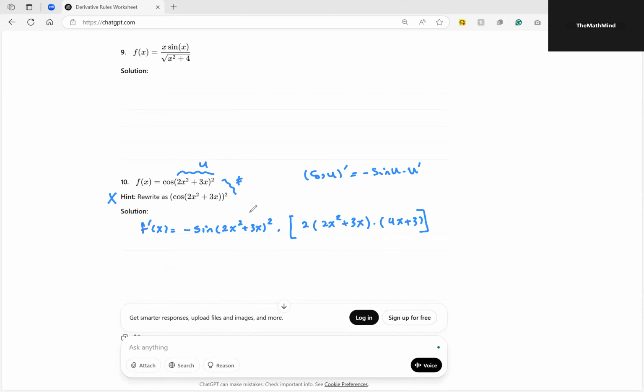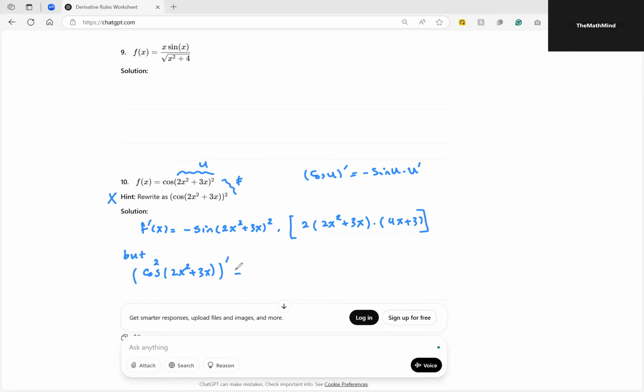This is the derivative for question number 10, but if we expand the hint here, cosine x, cosine (2x squared plus 3x) to the power of 2 is different.